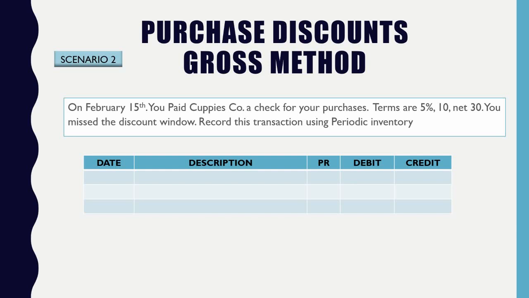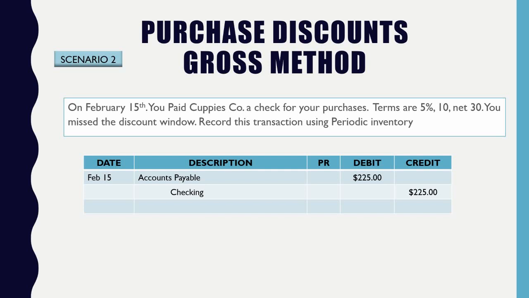So in this case, the discount terms cease to apply, because you still have 30 days to pay off the bill. If you do intend to pay it but you missed the discount period, all you're going to do is make a payment for the full amount. You don't get the discount because you missed it.